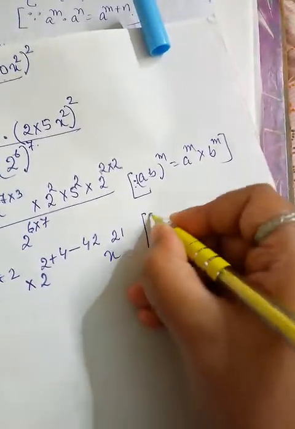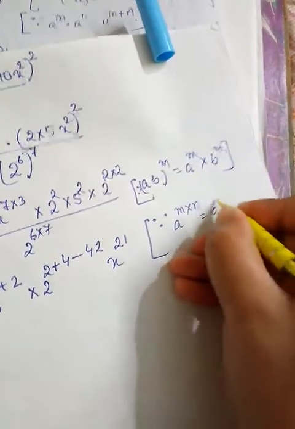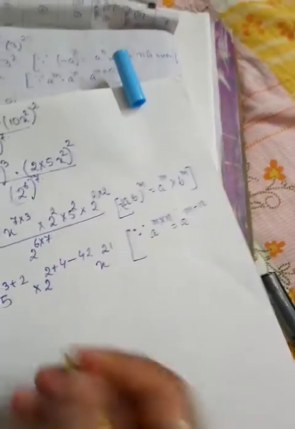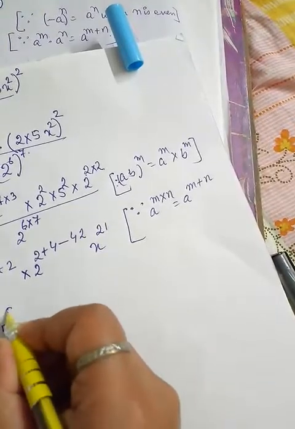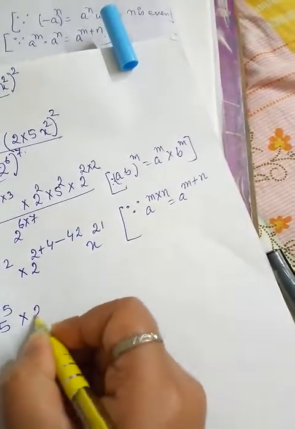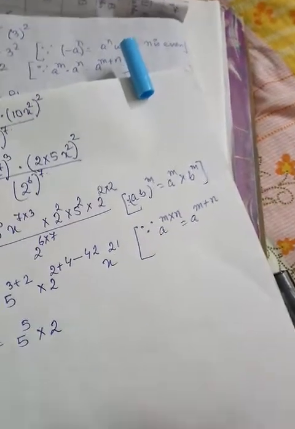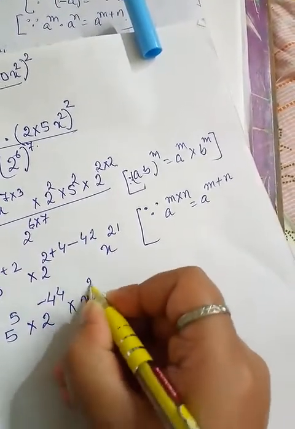So we will write, since a raised to the power m into n equals to a raised to the power m plus n, we will add it up. So our answer will be 5 raised to the power 5 into 2 raised to the power minus 44 into x raised to the power 21.